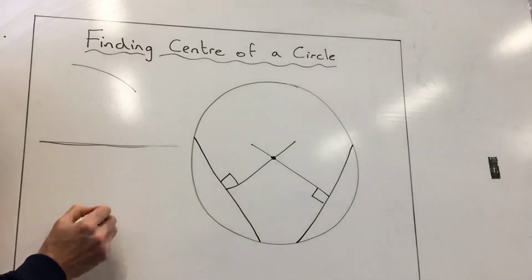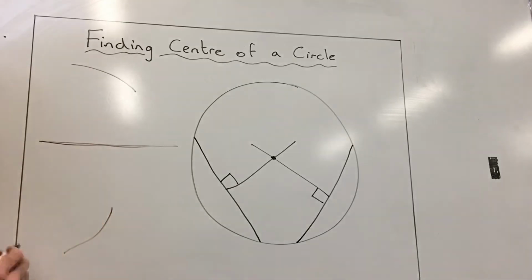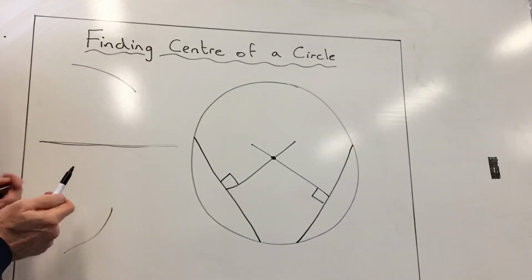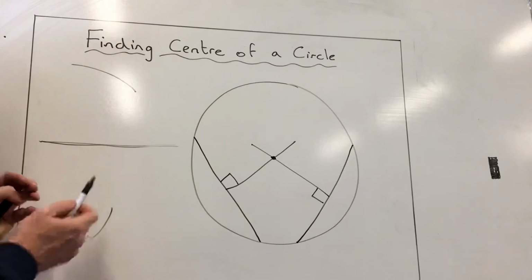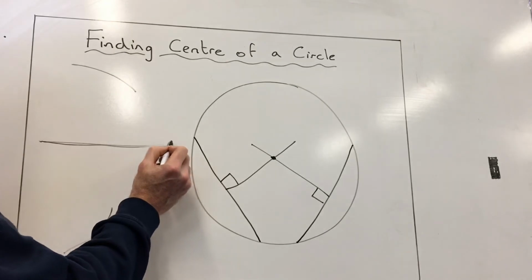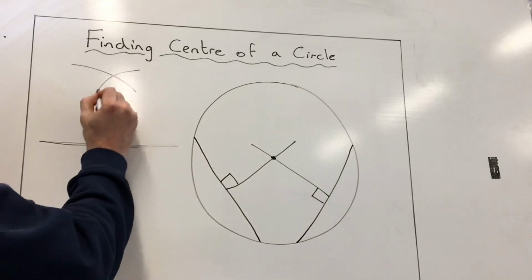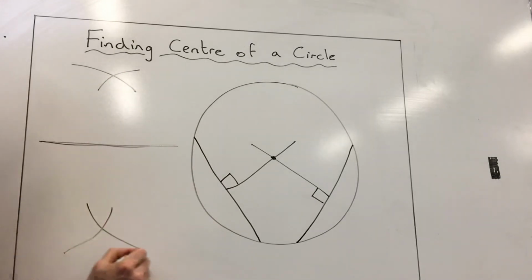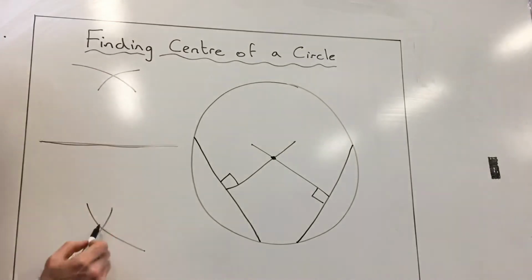And you're going to make an arc down here as well with those compasses. Keeping the compass at the same distance apart, put the point here and now make an arc where it hits that arc there and it hits that arc there. You now have 2 points you have made by intersecting arcs.